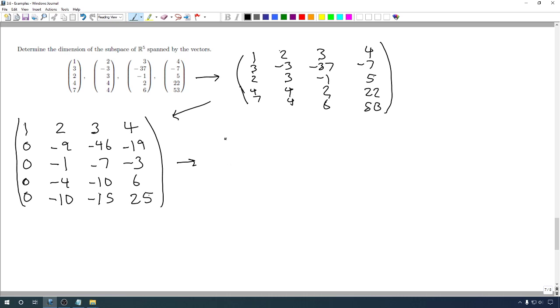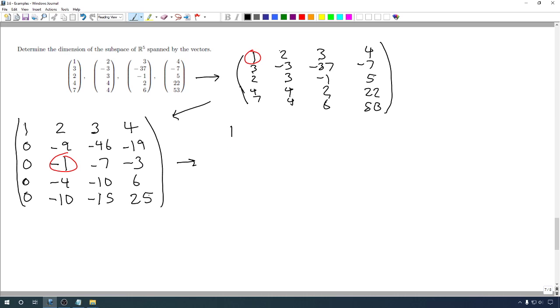Then what do we do? Well, now we want to pick a pivot. So before I went and picked this 1. The 1 was in a nice position and was very easy to use. Picking another pivot, well, actually, let's go ahead and pick this -1. I'm going to multiply that row by -1, and I'm going to move it to my second row.